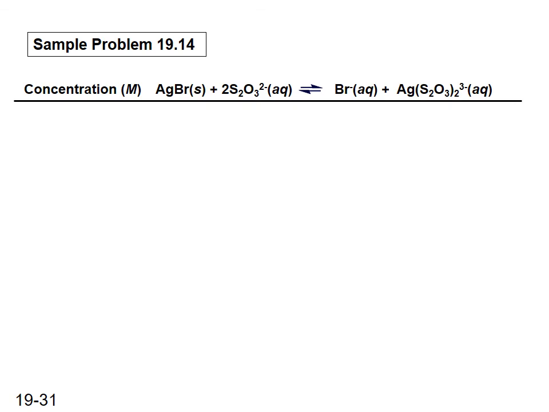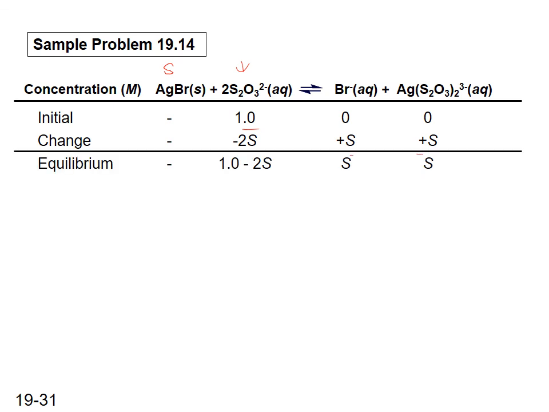So here is the overall reaction, and the initial concentration is given for sodium thiosulfate is 1.0, and if we assume the solubility is S, and this is the amount that goes into the solution to react with thiosulfate, so that will be negative 2S, and the product is S and S, and the equilibrium concentration will be 1 minus 2S.